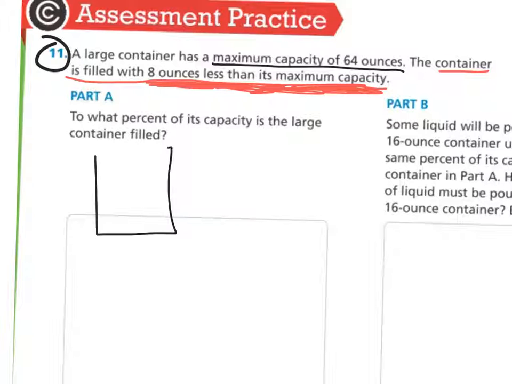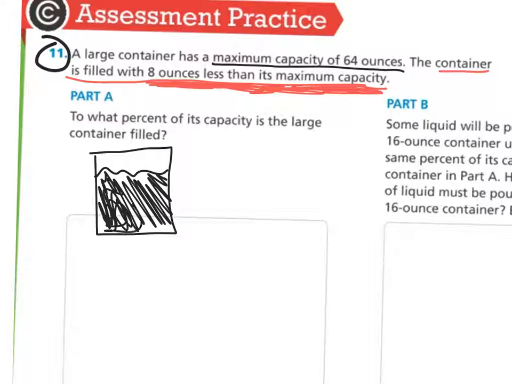So doing something like this, if you want to draw a picture here, if that helps you to visualize what's happening. So 64 ounces would be the capacity. It's 8 ounces less than the capacity.